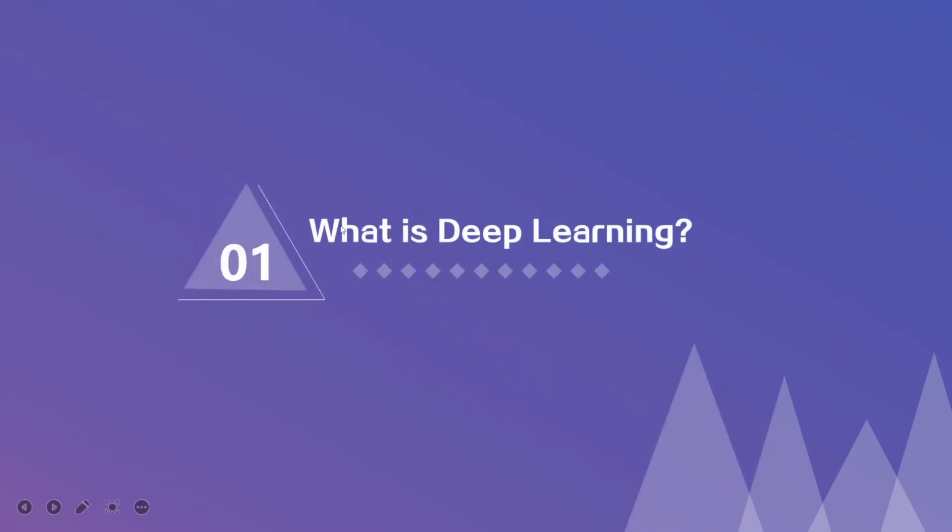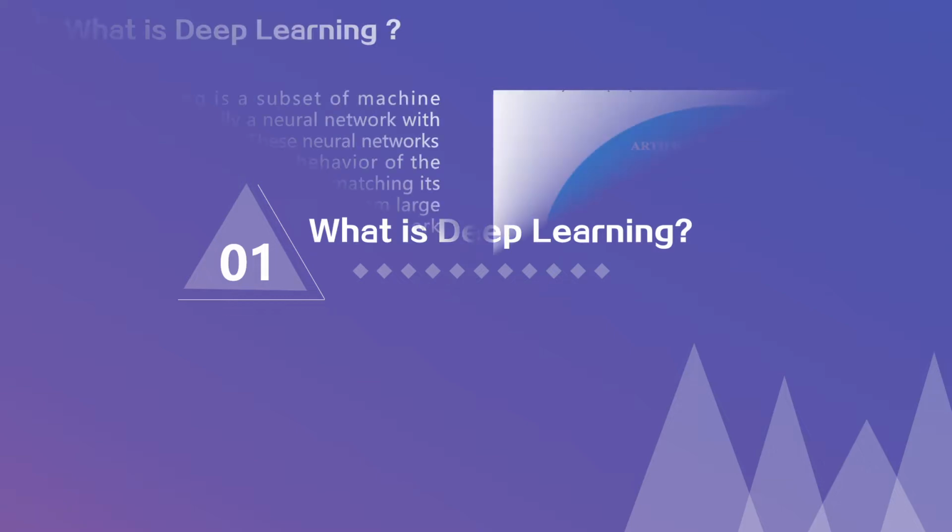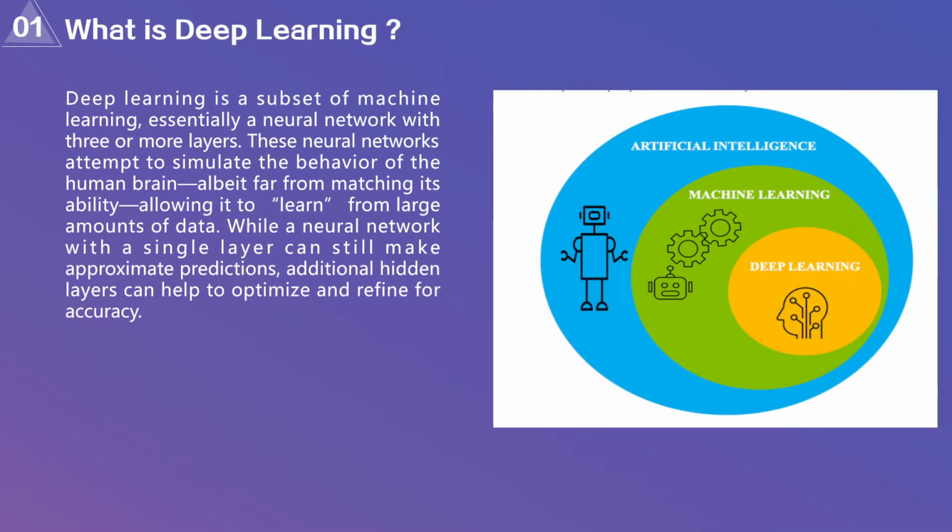So let's dig into what deep learning is. Deep learning is a subset of machine learning, essentially a neural network with three or more layers. These neural networks attempt to simulate the behavior of the human brain.